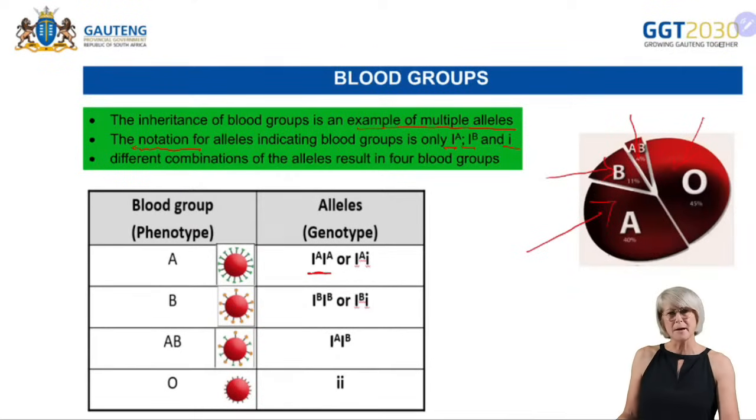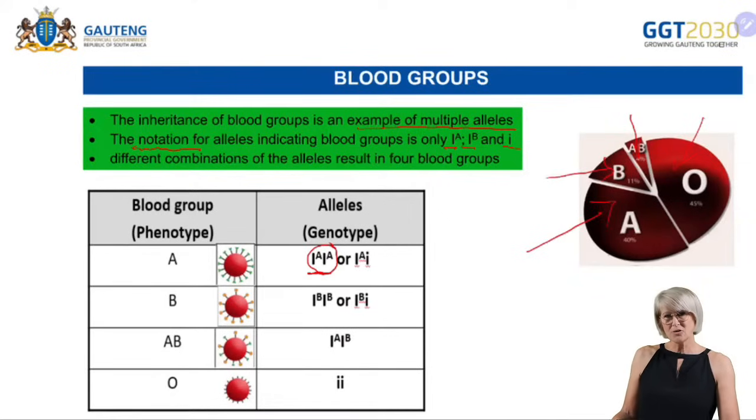Now in blood type A, an individual can either have an I with a capital letter A and a second I with a capital letter A, as you can see here, and that we call a homozygous individual. Remember, these 2 alleles are identical.